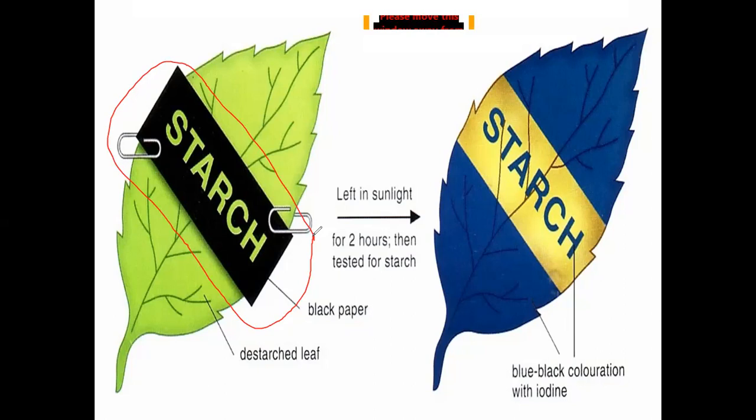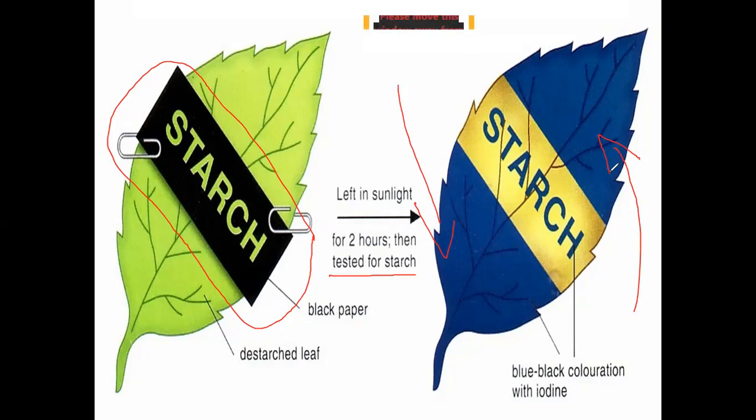Then we did the iodine test for this. This is the test for starch. Which test? Iodine test. So all the green part, which is here and here, gives dark blue color. This means the presence of starch. However, the part that was covered gives a yellow color.